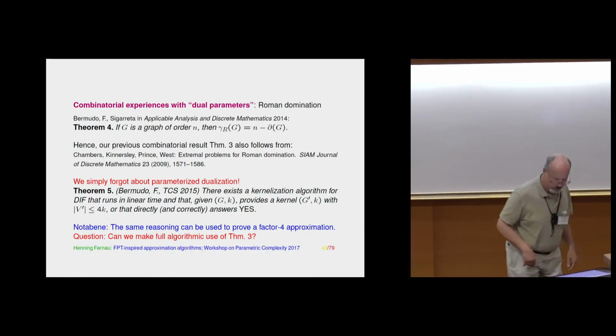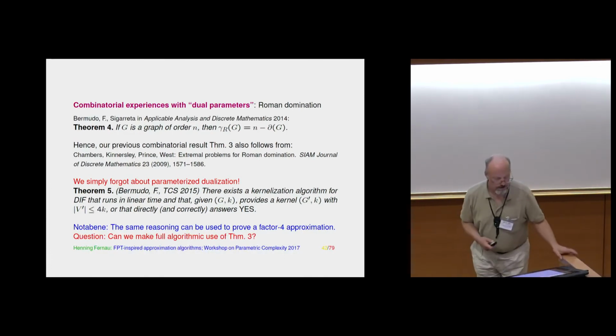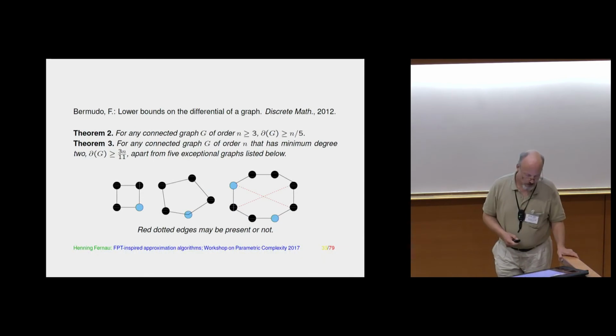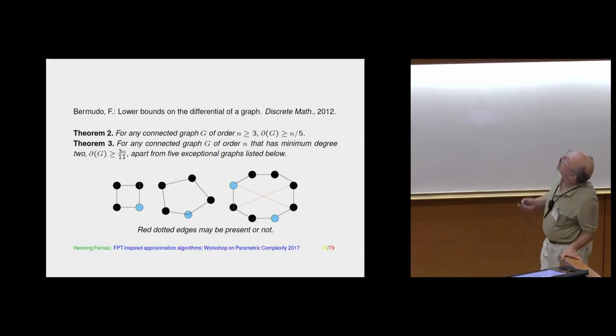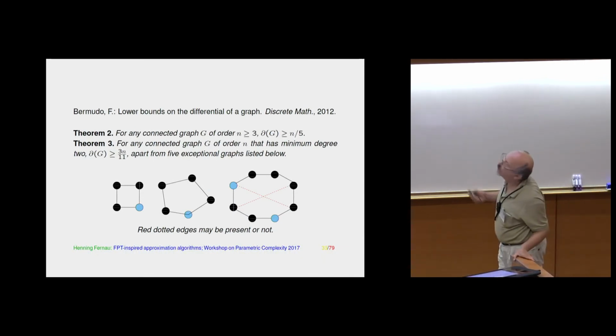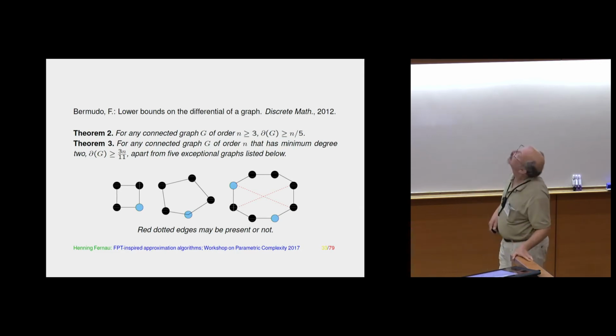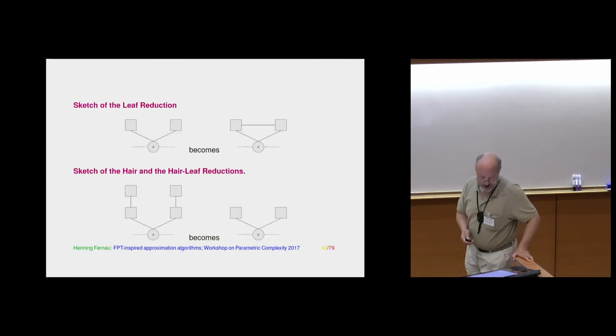But if you recall my previous inequalities, then we might hope for something better. So this 3n over 11, this is a funny expression, but it translates into something better than a factor 4. So this is what I will be talking about now.